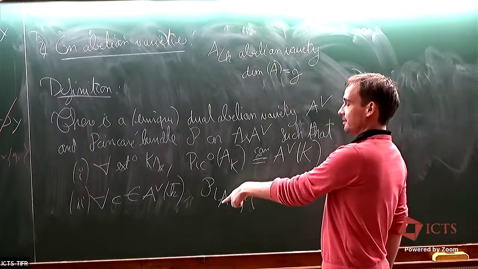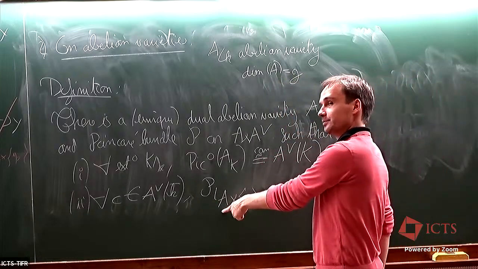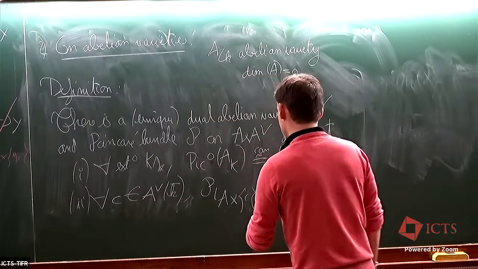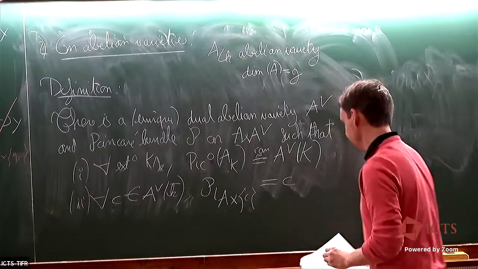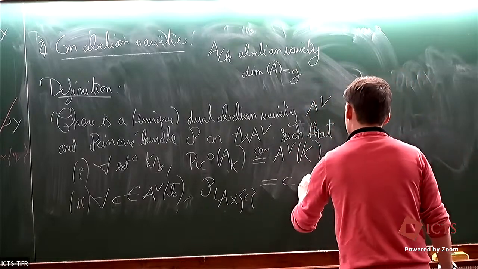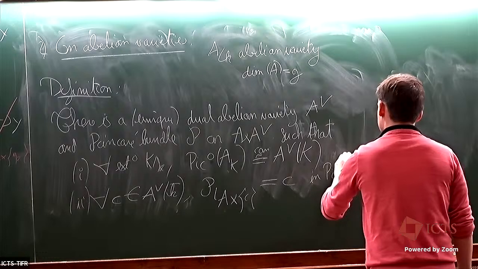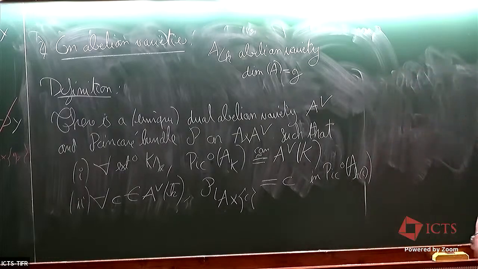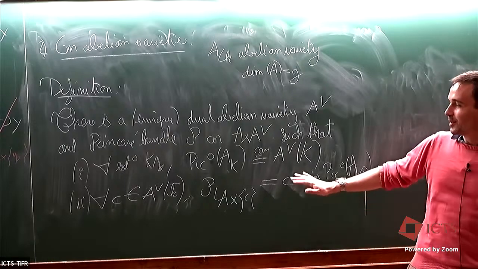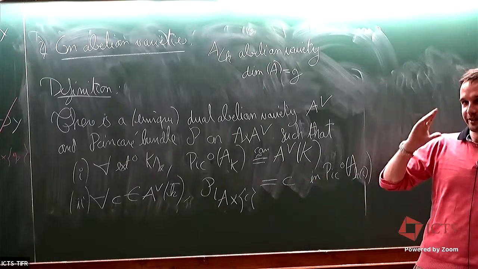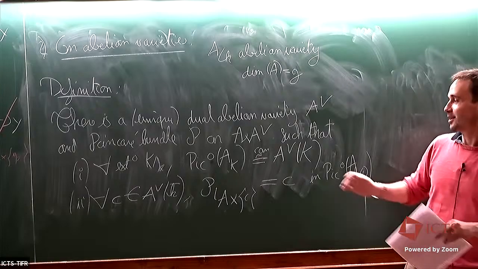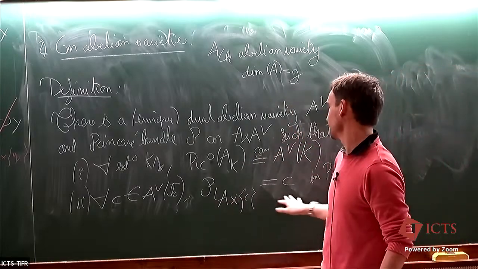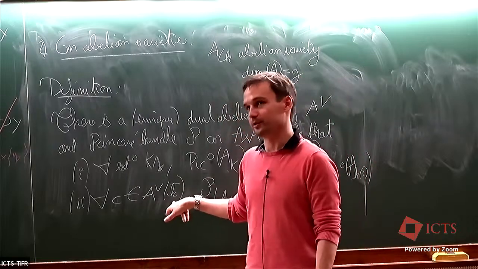So this slice is a line bundle on A, and this is the same thing as the line bundle in Pic0 of A. I suggest you think a bit about this statement because I thought it weird the first time. Natural when you really think about it, but it really is an equality between line bundles.